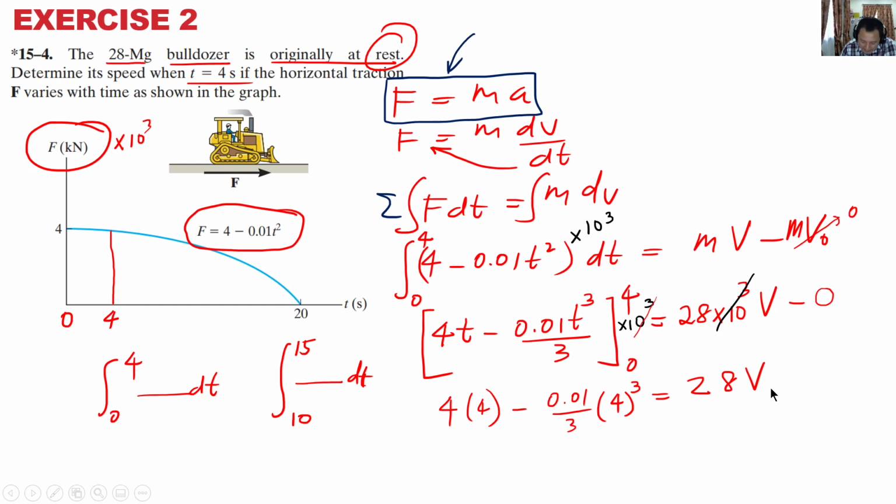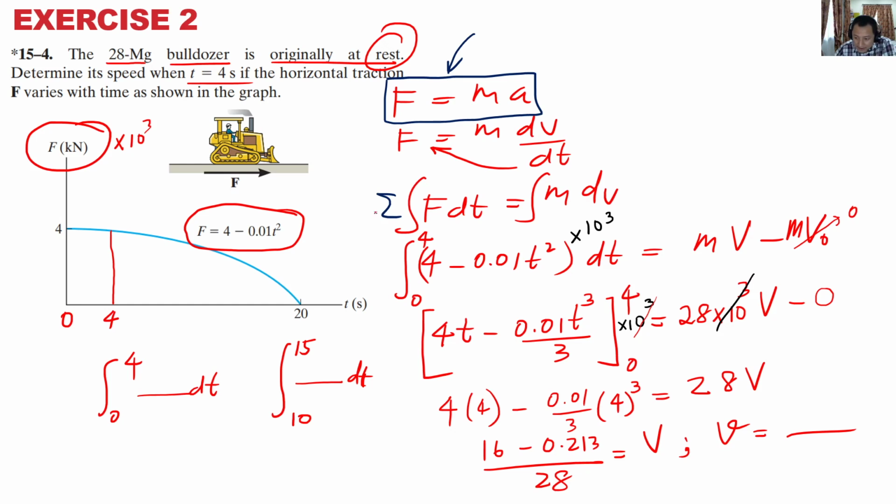Alright, let's try. This one is 16 minus 64 times 0.01 divided by 3. Very small amount, 0.213, divided by 28 equals V. V equals 16 minus 0.213 divided by 28.